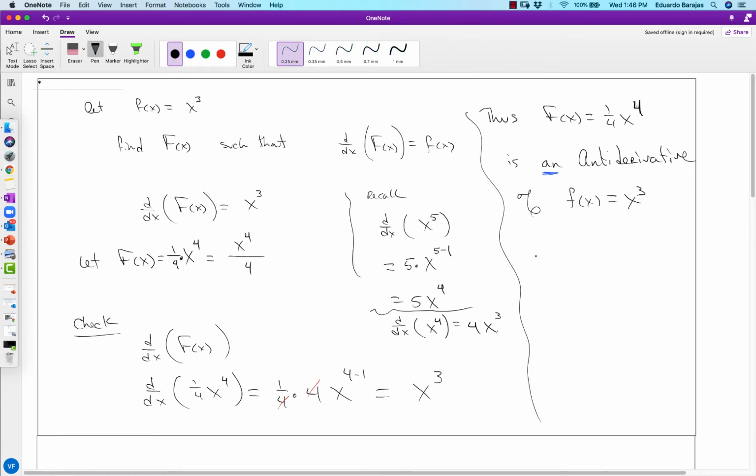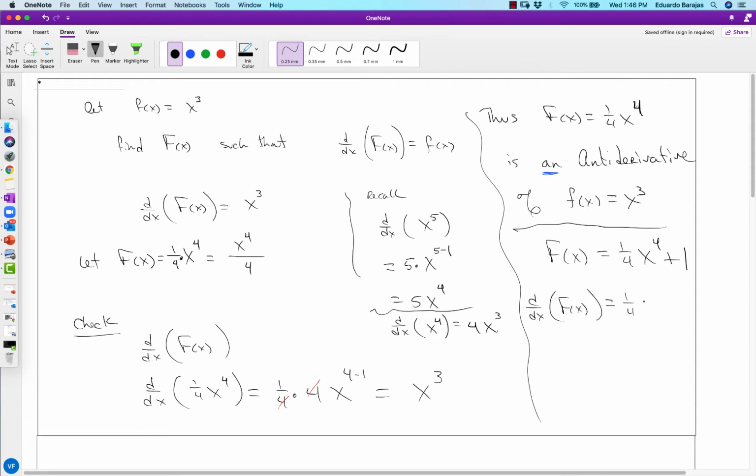Consider what happens if I let capital F of x equal 1/4 x to the 4th plus 1. I can just put an extra constant there, and notice that if I take the derivative with respect to x of capital F of x, I still end up getting the same result.